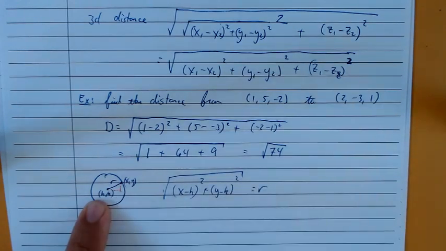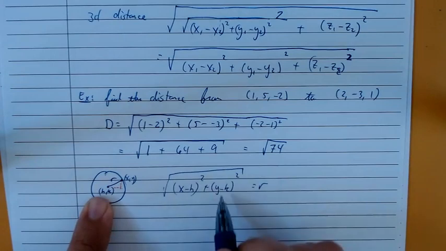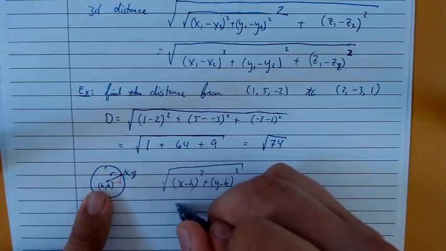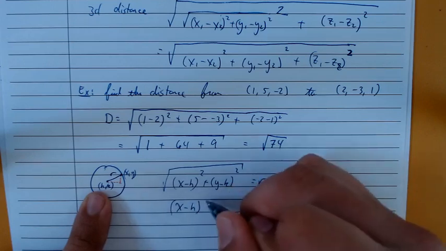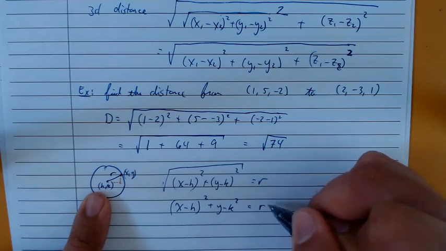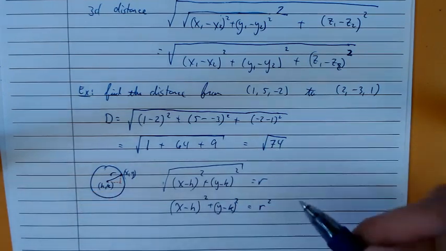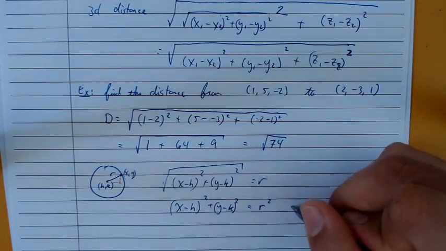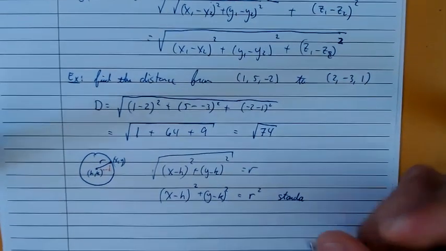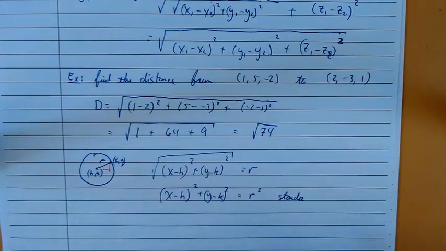So if you square both sides, since that's a positive anyway, squaring the square root of a positive just gives you the result inside. You get x minus h squared plus y minus k squared is equal to r squared. This is the standard equation of a circle, which you learn in algebra, I believe. Maybe pre-cal, depends where you go to school.